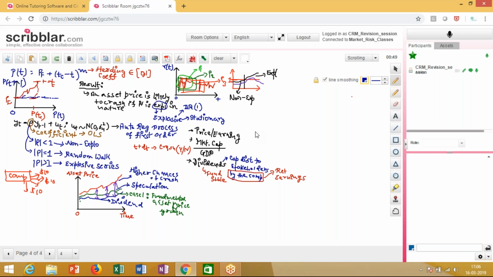So that's one. Now the question that comes out is, how do I assess that the market is becoming risky? How do I assess the riskiness in the market? What are the measures of doing that?